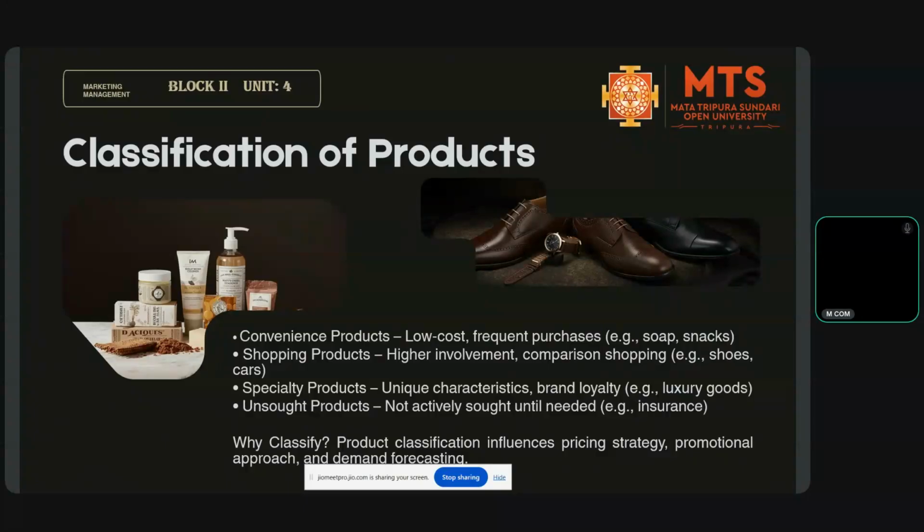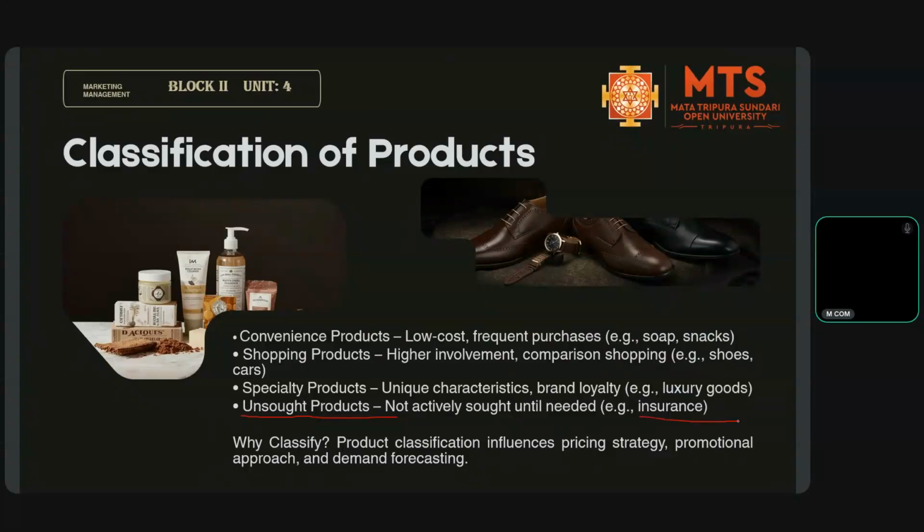Unsought products, not actively sought until needed. These unsought products are also sometimes called negative products. Why negative products? Because unsought products are also called negative products, like insurance.